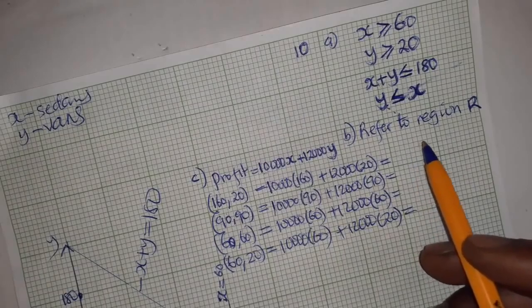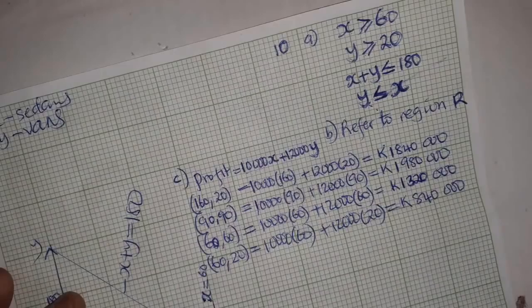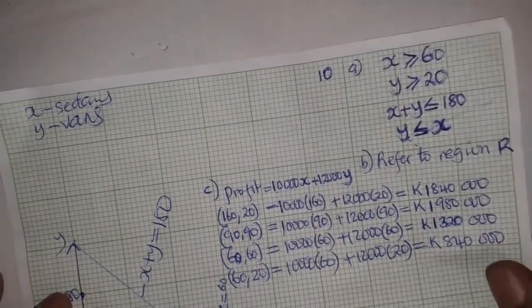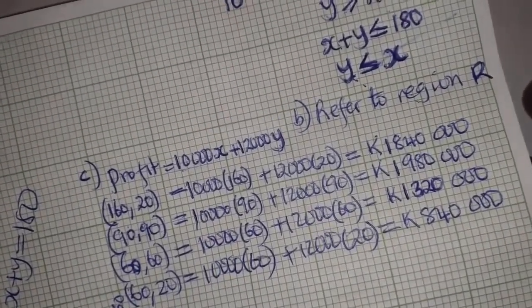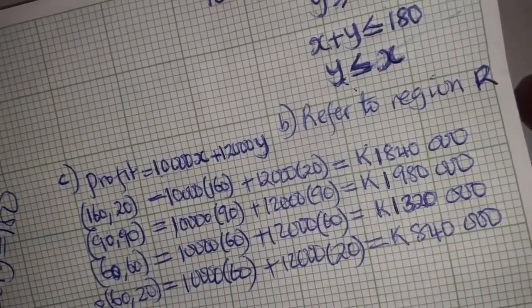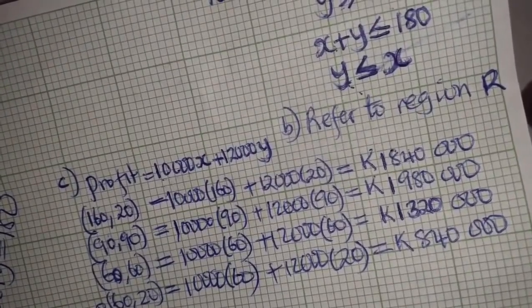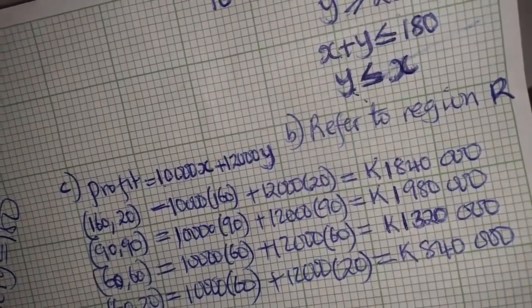That's what you're supposed to do for each one of them. So what is the highest amount? It's the second one, isn't it? Which is 1,980,000 kwacha. That is the highest amount, isn't it?